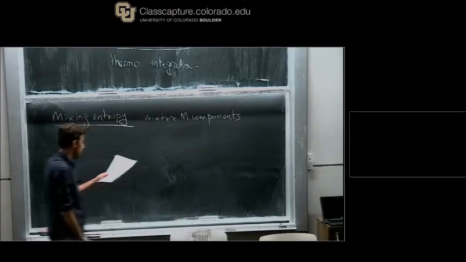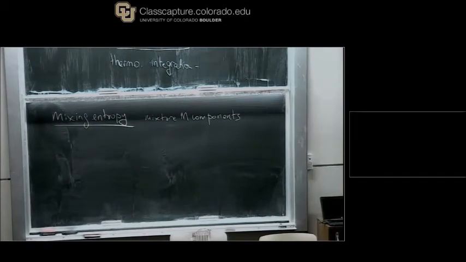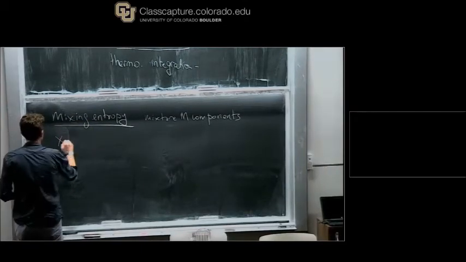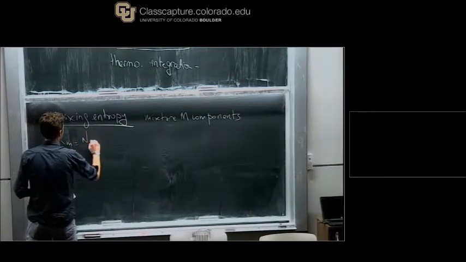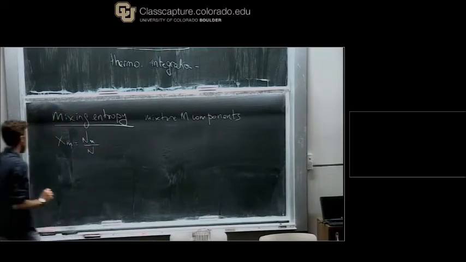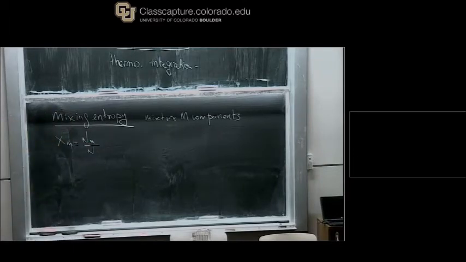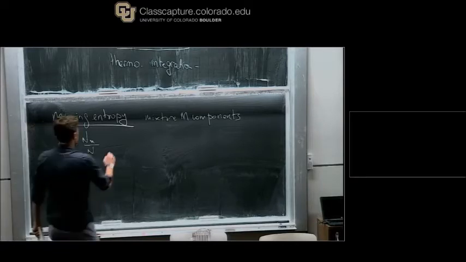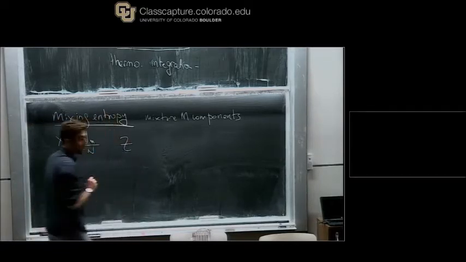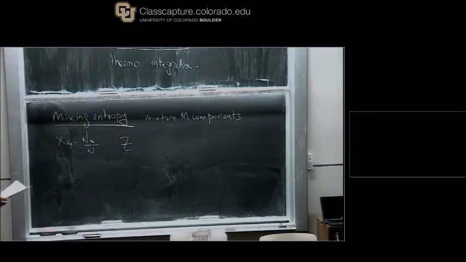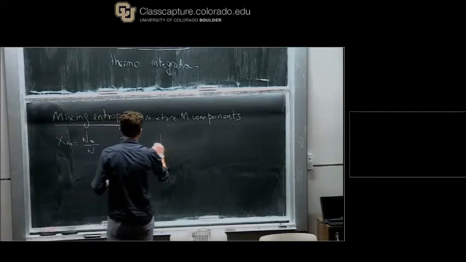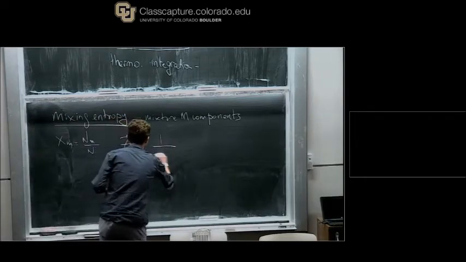what is this mixing entropy and where does it come from? The concentration of species m, I will call it xm, and so it's the number of particles of identity m divided by the total number of particles. That's the notation. So where does it come from? When you compute the partition function for such a system, you'll have a prefactor term like this.